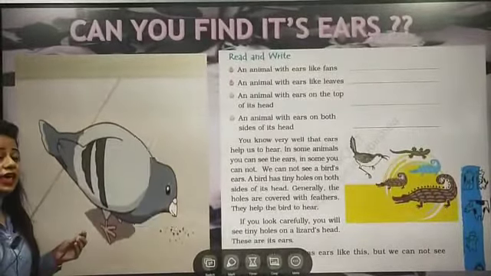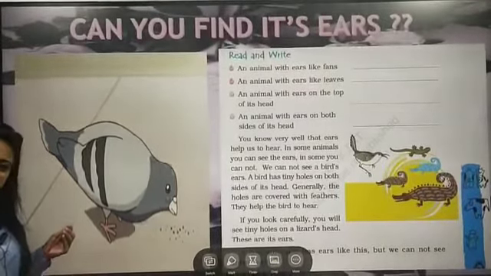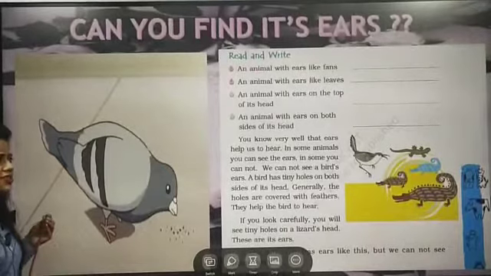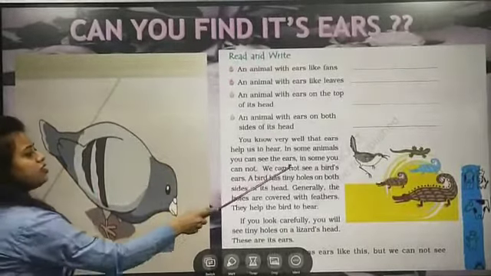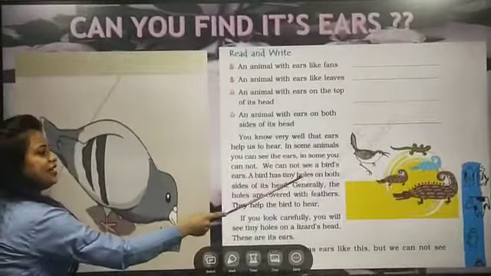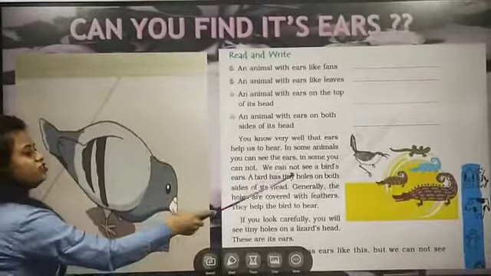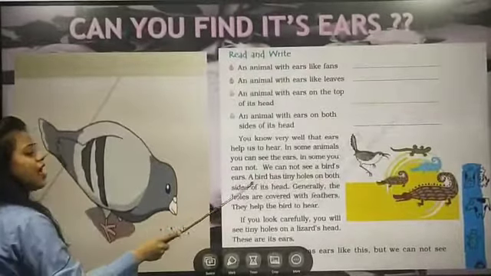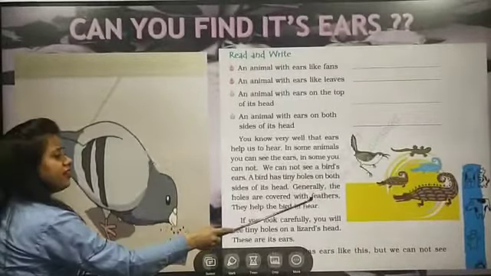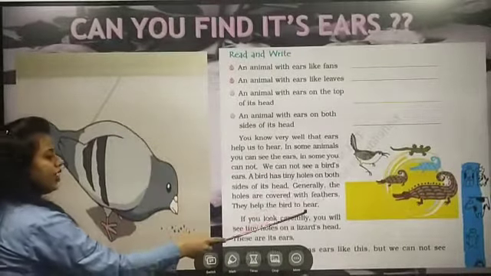Why is it so? We cannot see a bird's ear. A bird has tiny holes on both sides of its head. Generally, the holes are covered with feathers. They help the bird to hear.